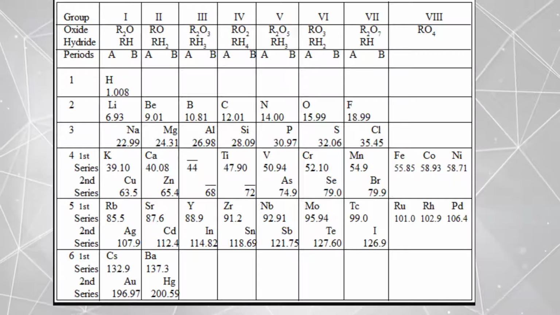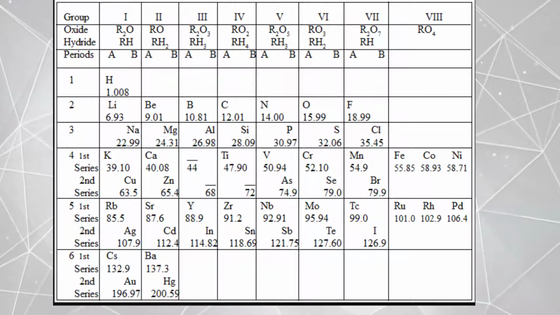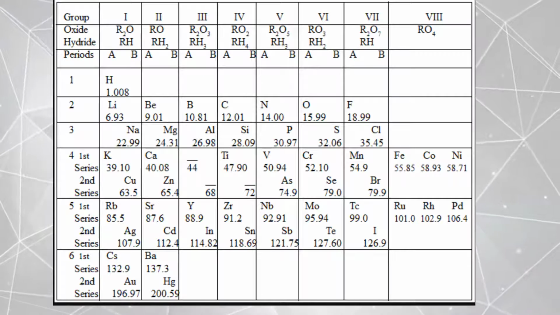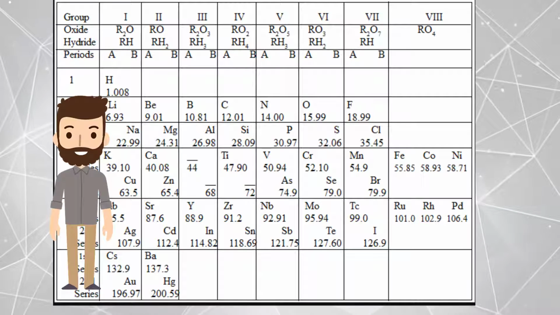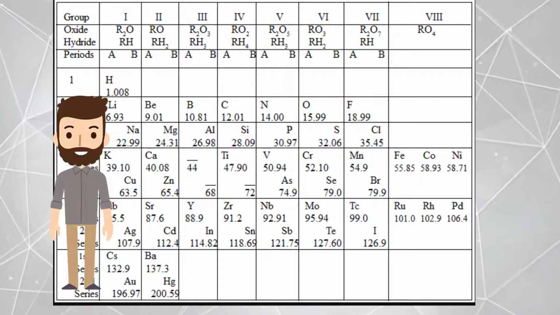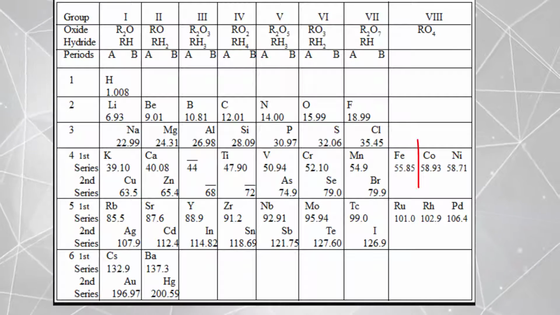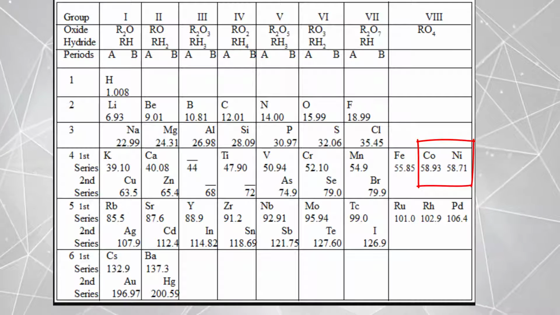Another interesting thing Mendeleev did in his periodic table is, in some cases, he placed an element with slightly greater atomic mass before an element with slightly lower atomic mass. He did this so that elements having similar chemical properties could be grouped together. For example, as you can see in the table, cobalt has higher atomic mass compared to nickel.